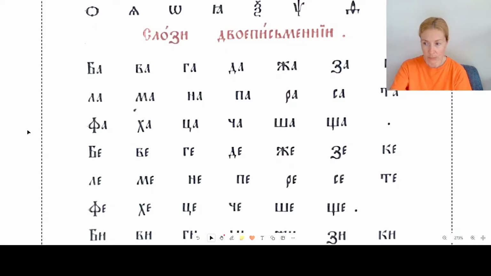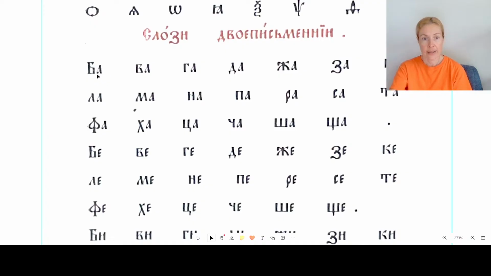Okay, so let me see, I hope you can see that clearly. And let's start with the first line. And let's see this first syllable. If you want to guess, or if you know how to read that, you can write that in the chat with the English transliteration. So using the English transliteration, you can write how to read this first syllable.